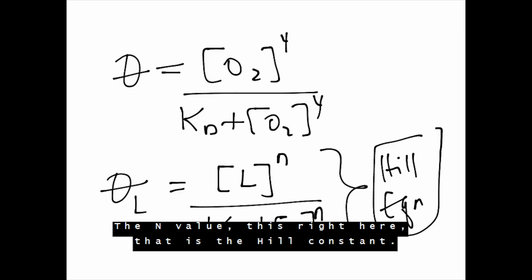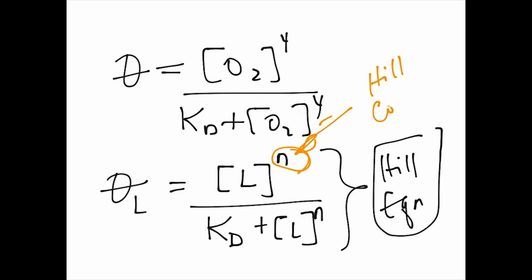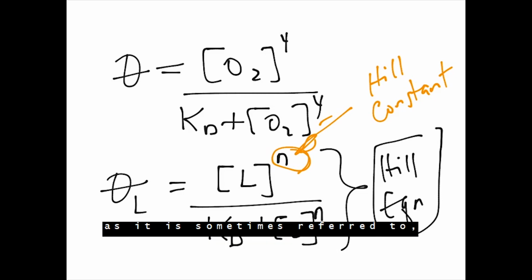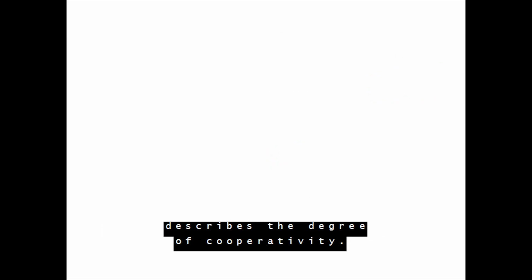Okay? The N value, this right here, that is the Hill constant. And the Hill constant, or coefficient, as it's sometimes referred to, describes the degree of cooperativity.